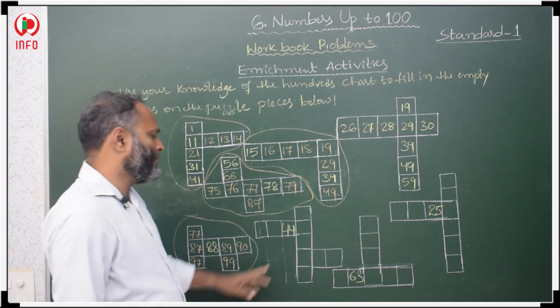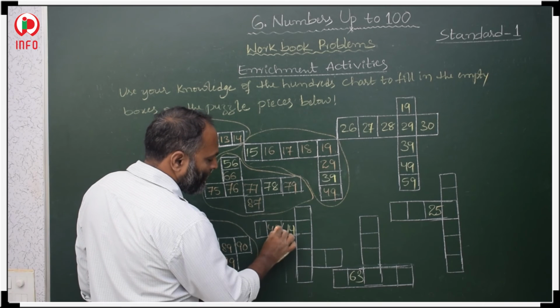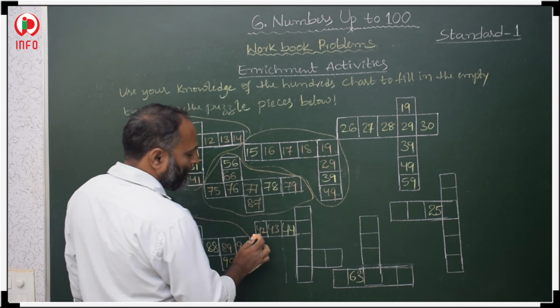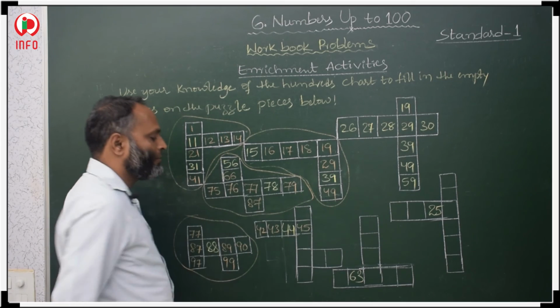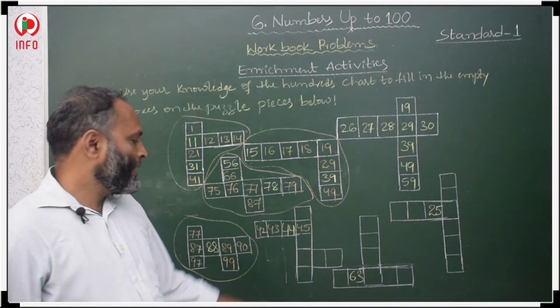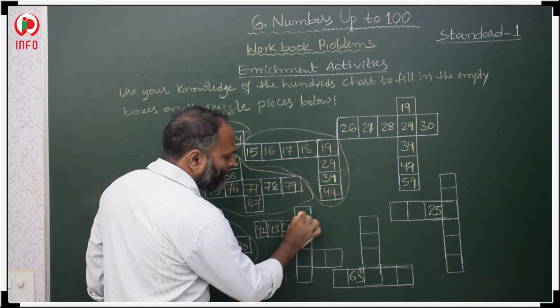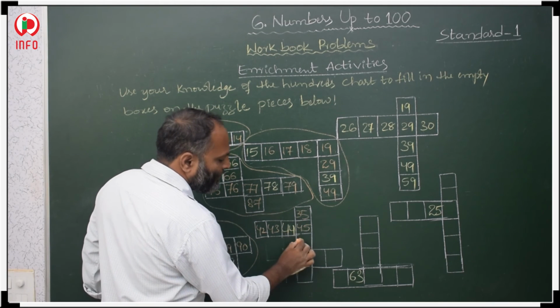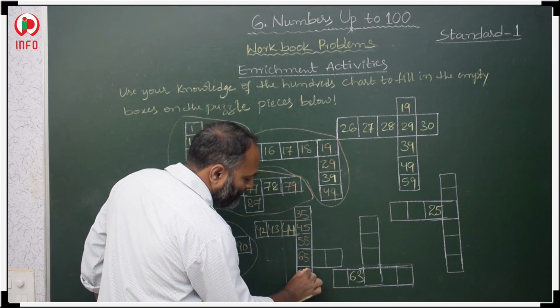Next, in the fifth part, 44. Here 44, here 43, here 42: the numbers are 42, 43, 44, 45. Now this horizontal row is over. Now in vertical we write 45, here 35, so 35, 45, 55, 65, 75, skipping 10, 10.